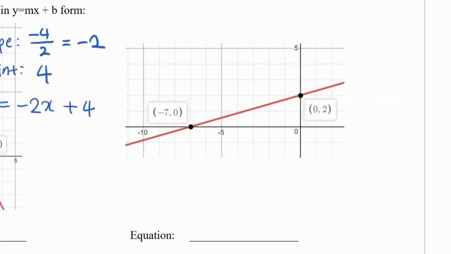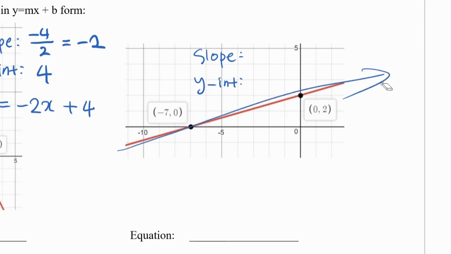Next. Okay, so we're going to find the slope and y-intercept. It's a positive slope, right? So the run is 2, 4, 6, 7, and the rise is 2. So rise over run is 2 over 7, and the y-intercept is 2.